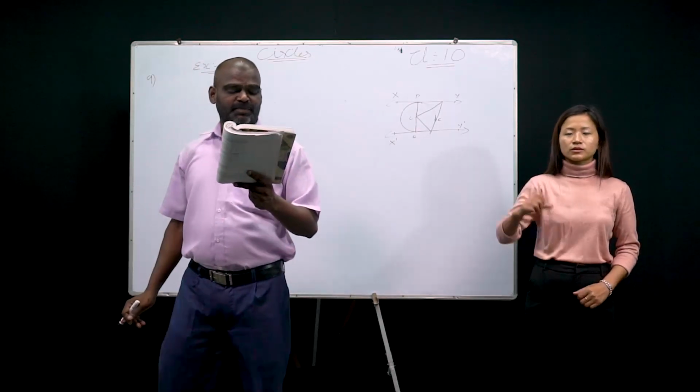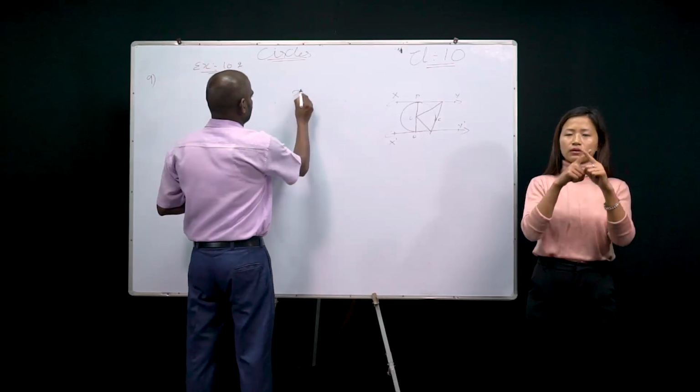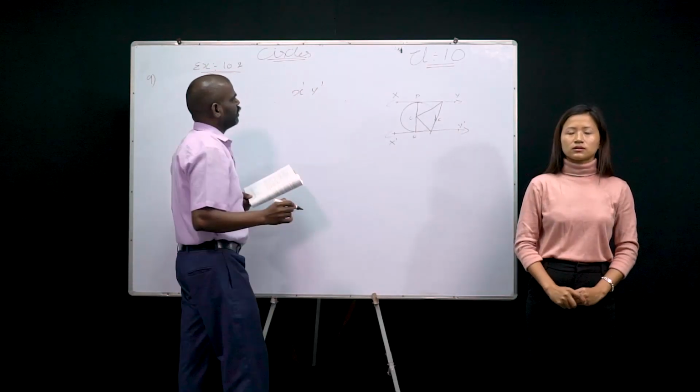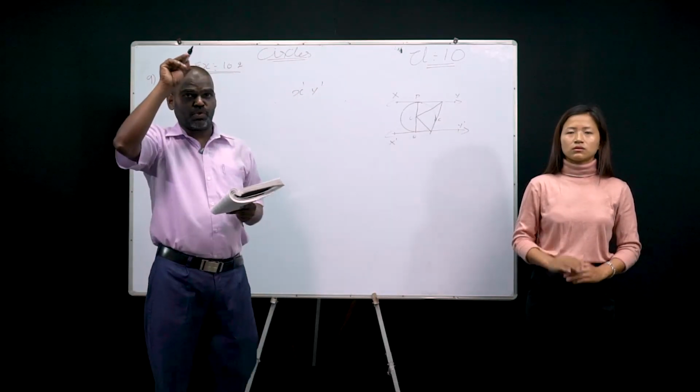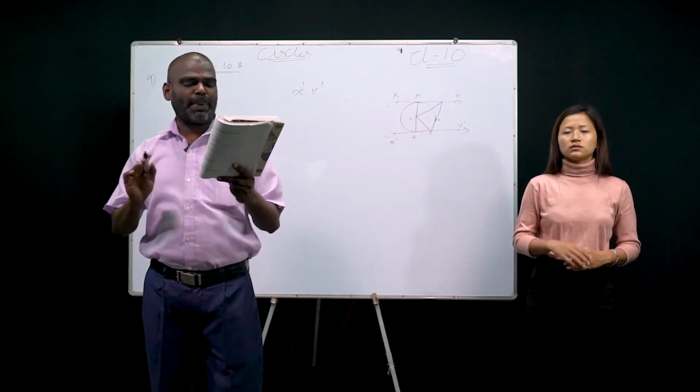Question number 9 tells XY and X dash Y dash. How to read this one? X dash Y dash; on the top, if there is a 1, then we read dash. XY and X dash Y dash are two parallel lines.